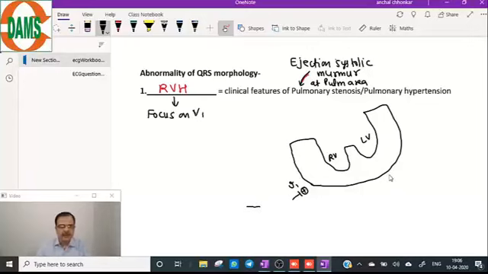When there is no current, the needle tends to remain on the baseline, and when ion movement occurs, there is a fluctuation of the needle. With this diagram, we can see the first part to depolarize is always the septal part. So there will be the first depolarization vector, which will be seen like this from left to right.